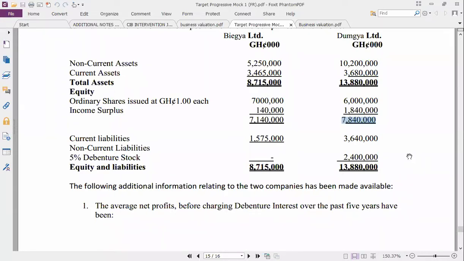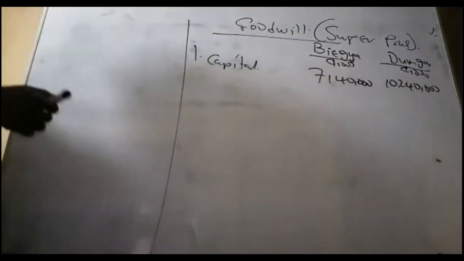So 2004 plus the 7840 will give us 10,240, right? 10,240. Agreed. So let me write it down. 10,240. Okay, so that's the capital employed.